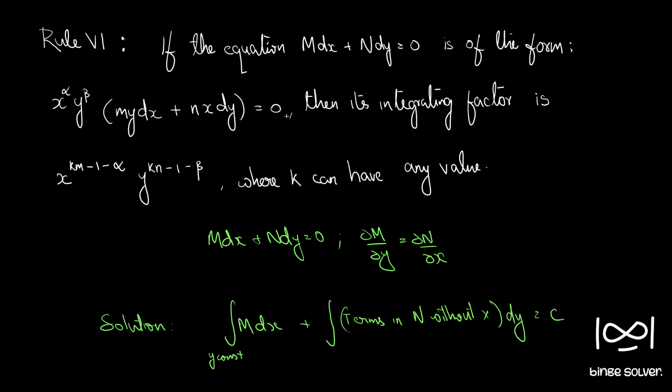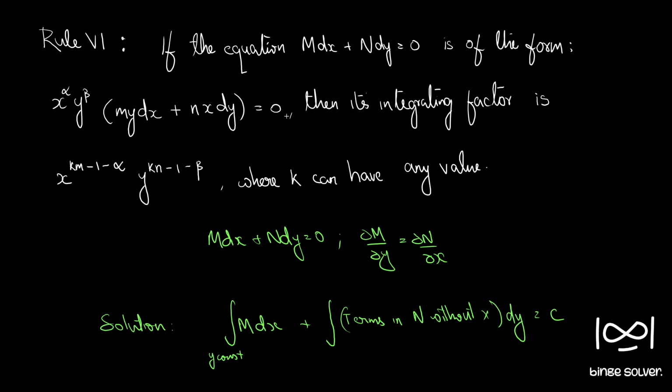So in such cases, we can say the integrating factor is x raised to km minus 1 minus alpha into y raised to kn minus 1 minus beta.